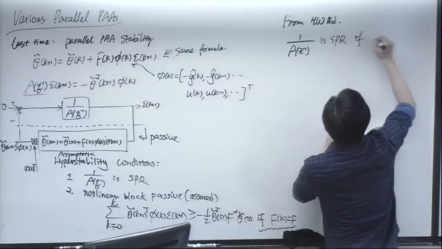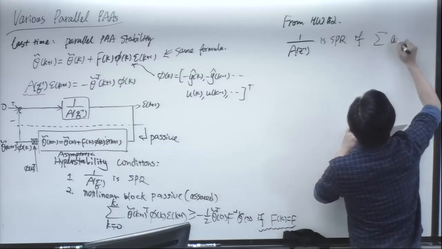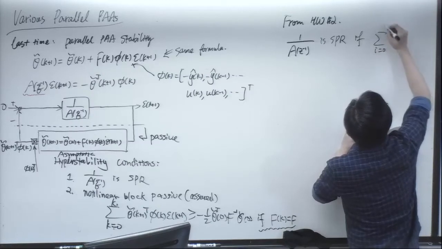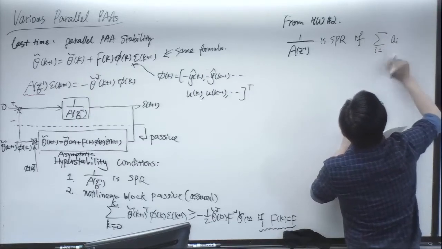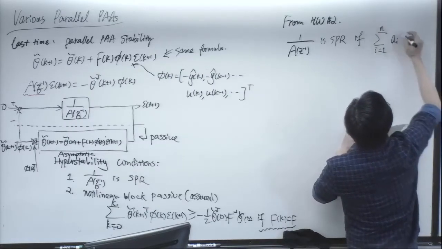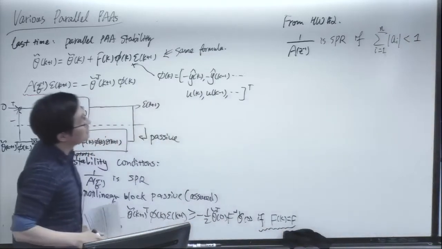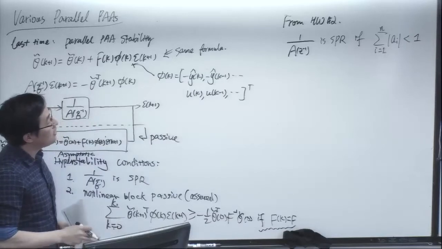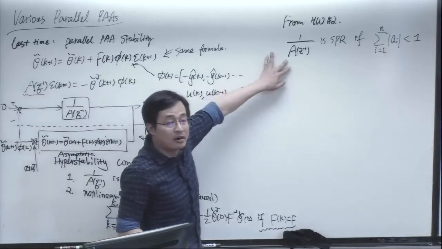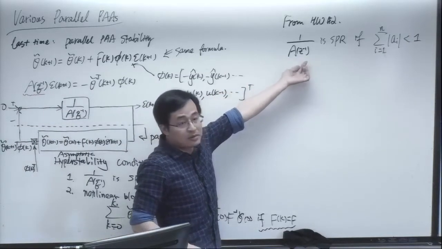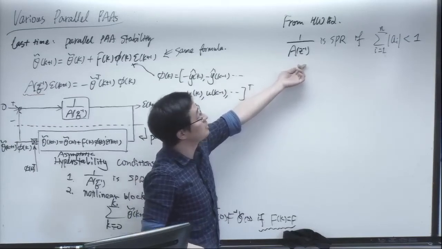This is SPR if all the n coefficients, if the summation of the absolute values of them is less than 1, then this is guaranteed to be SPR. And this is also stable, as you have proven in your homework.